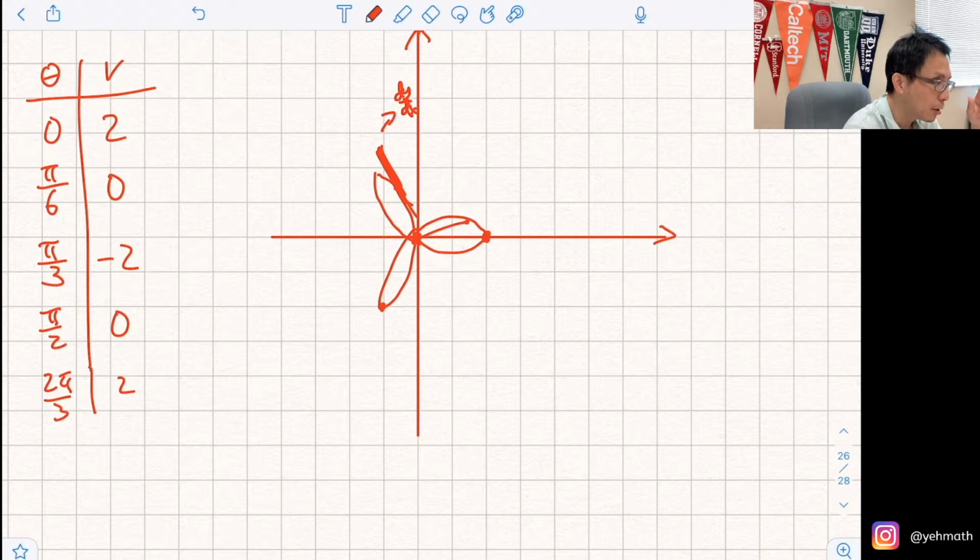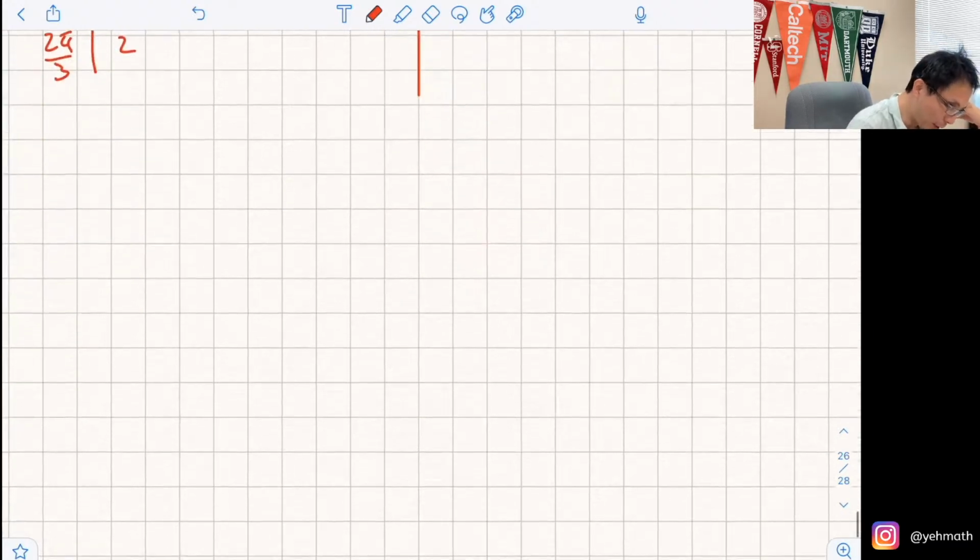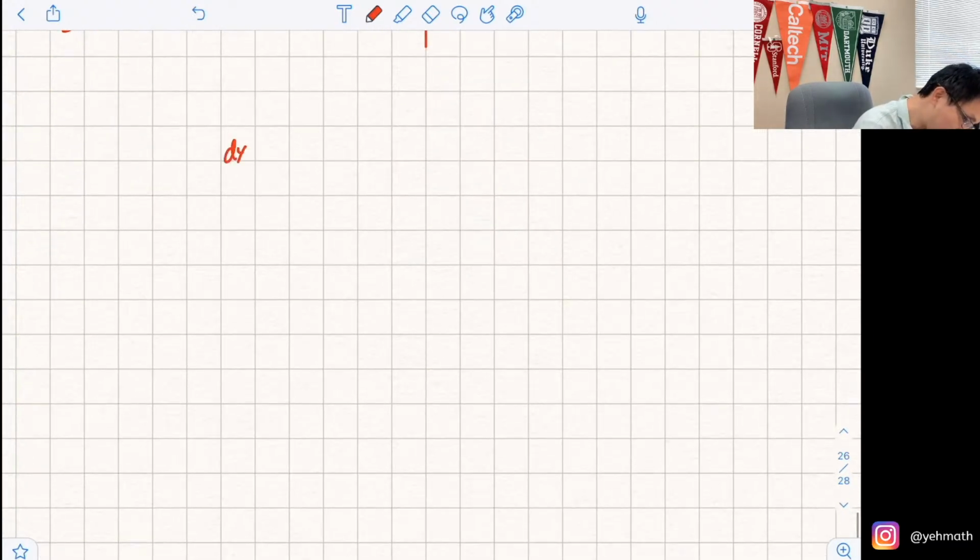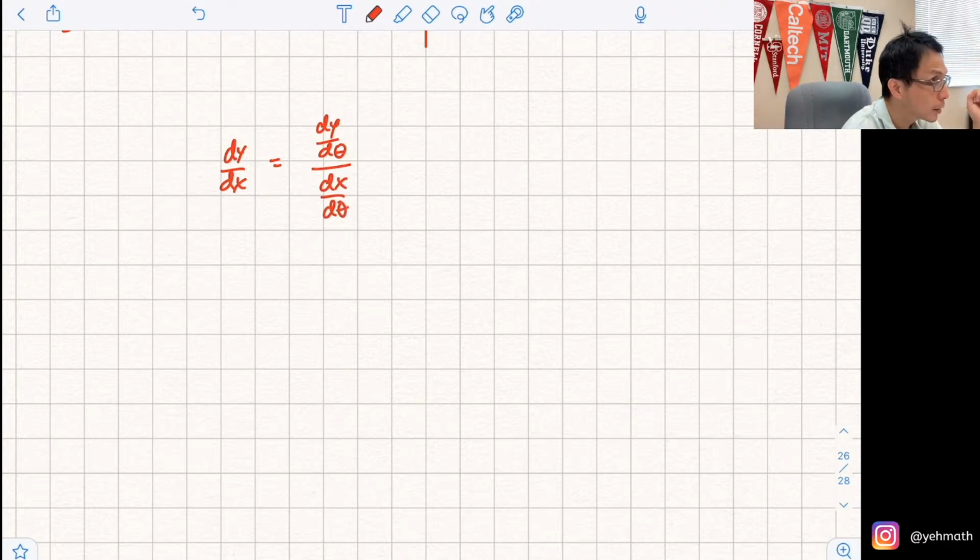So what happened is you have to understand dy/dx. This is something you need to know: dy/dx is equal to (dy/d theta) over (dx/d theta). If you keep, change, flip, d theta is going to cancel out, right?